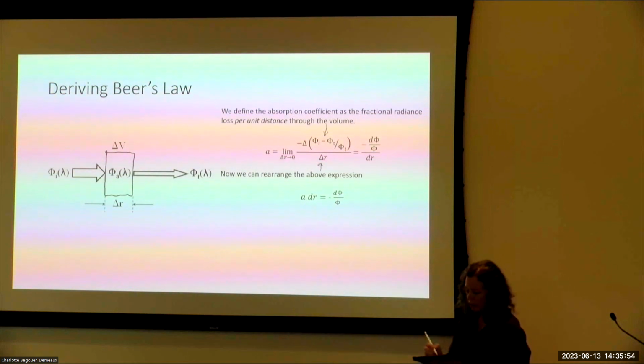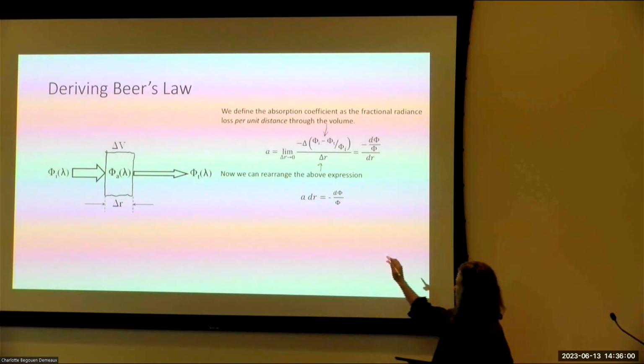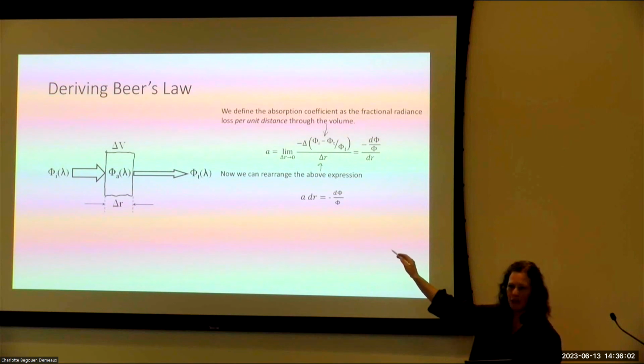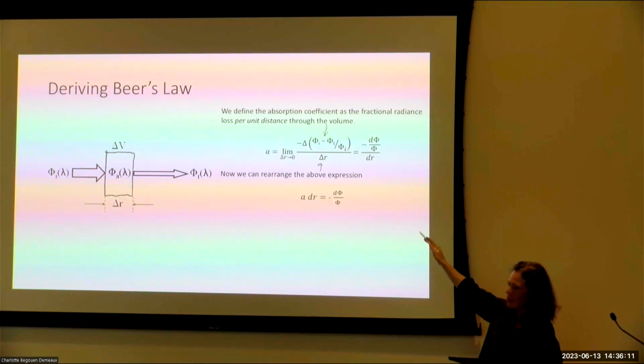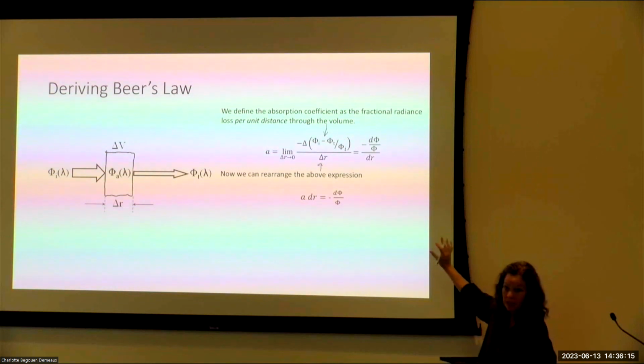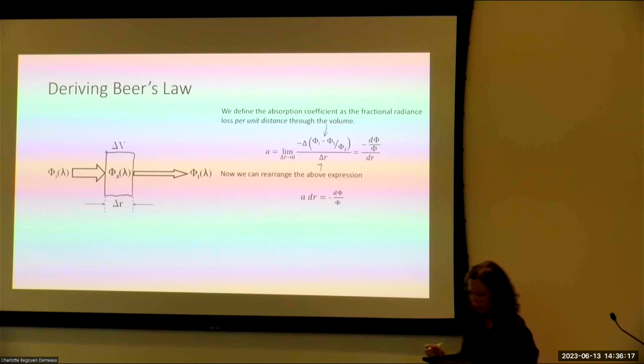We've got the absorption coefficient as a function of the path length. Absorption is constant; we're assuming it's constant through that, like a well-mixed little hypothetical volume. Then we've got our change in fractional radiance as a function of distance.